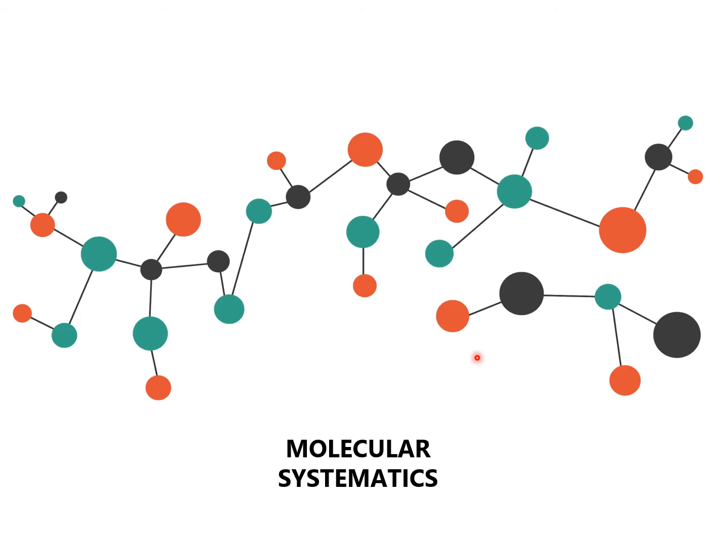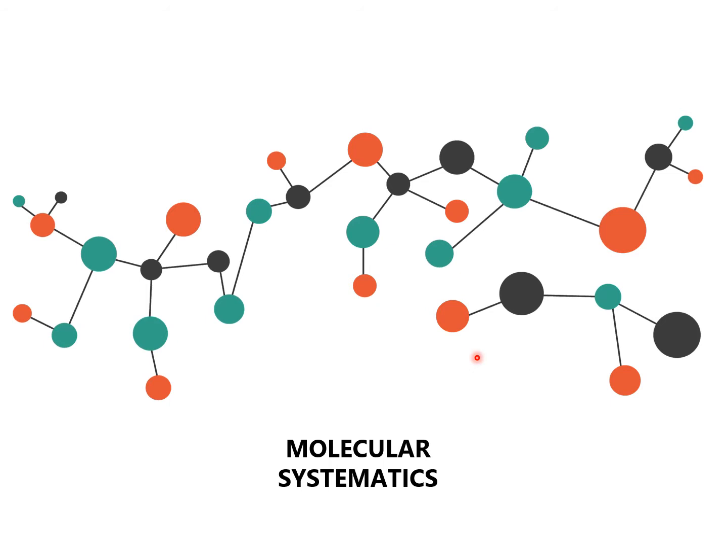And in this video, I want to talk about a couple different forms of evidence that we use to make some of those decisions when we're making cladograms and constructing and reconstructing evolutionary relationships when doing systematics. So the first one of those is molecular. There's a whole subfield of systematics considered molecular systematics.